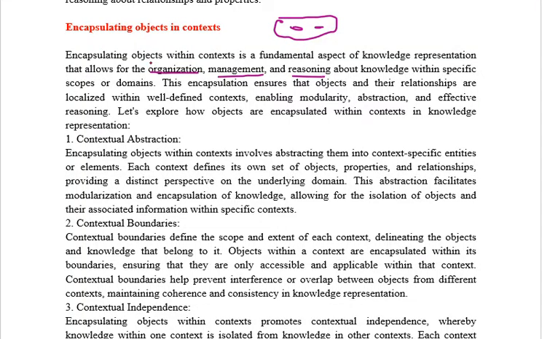Organizing means keeping the particular object in a correct, organized, structured way, and managing all the things in a correct way. Reasoning, as you already know, is solving complex problems. So about the knowledge we have, they will organize it and manage it, and at the same time they will use reasoning steps also.